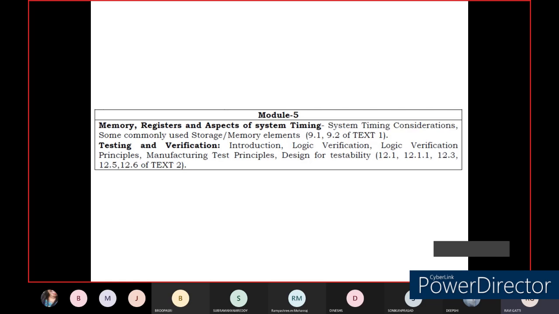And finally we go for design for testability. Whatever design I have done using VLSI technology, I need to understand whether it is feasible for me to test it or not. All those details you are going to study in module number 5, in the concept called design for testability.